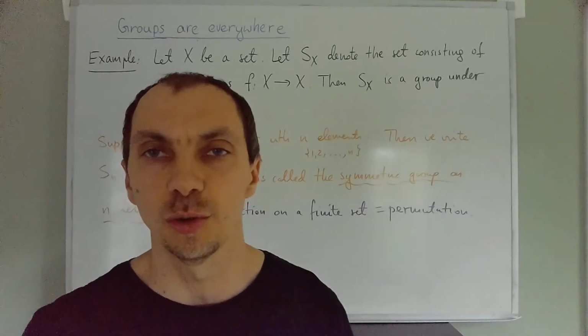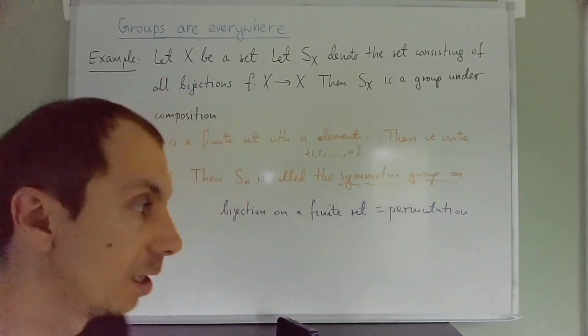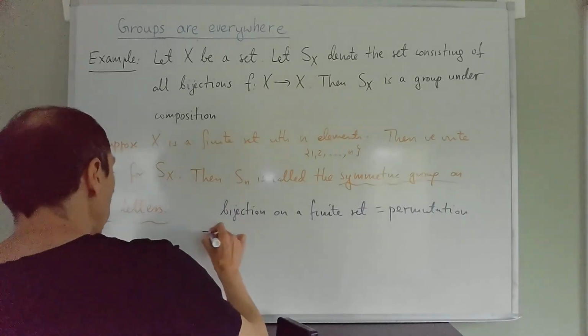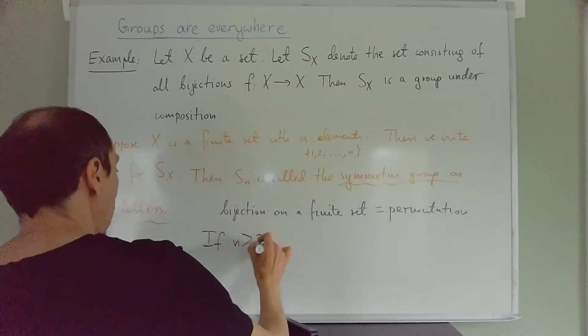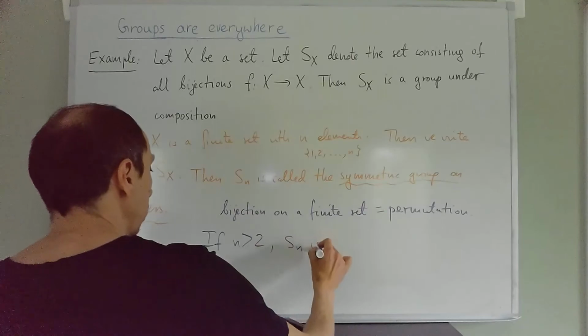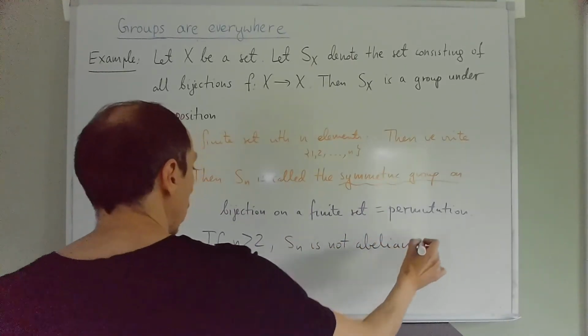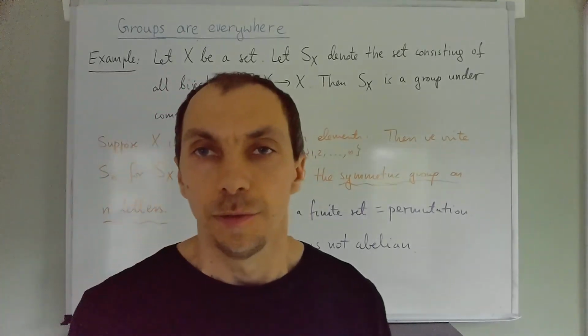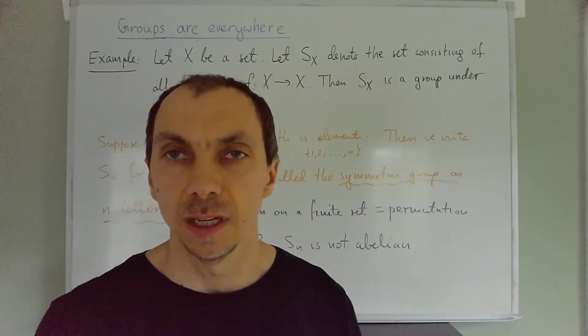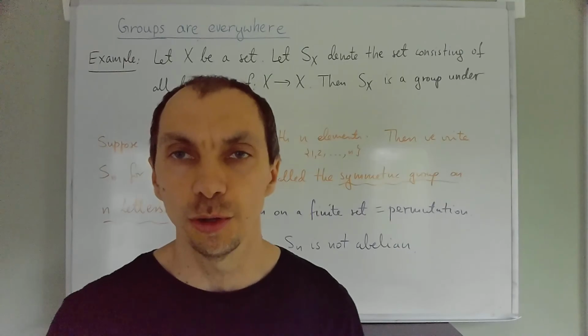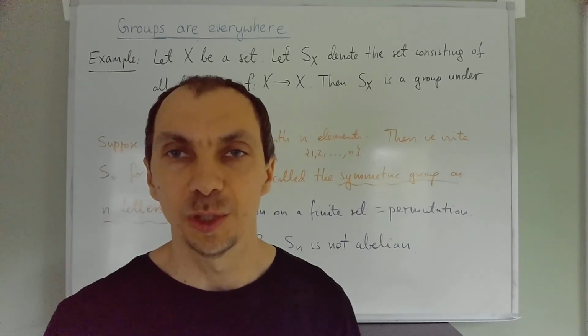So in general these groups are non-abelian. You'll see that if n is greater than 2, Sn is not abelian. If you want to know more about these groups Sn, hold your horses. We're going to get to them later in our study of groups.